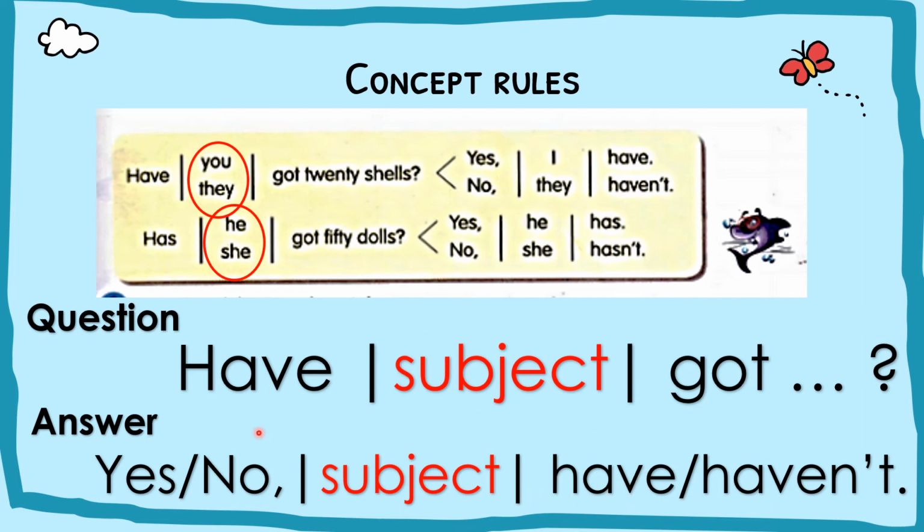You have to look at the one in front. If you say the positive, like yes, the partner is positive, have. If your answer is no, the negative one, your partner must be the negative one, that is haven't.